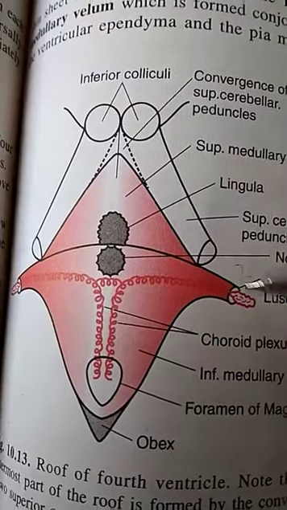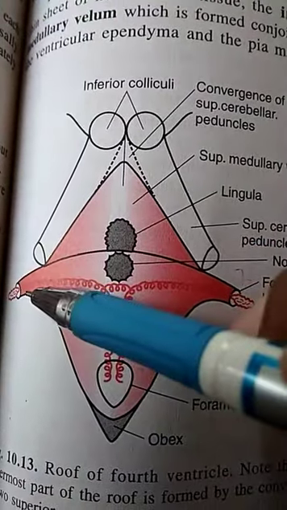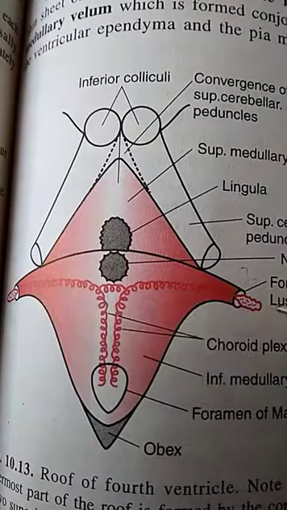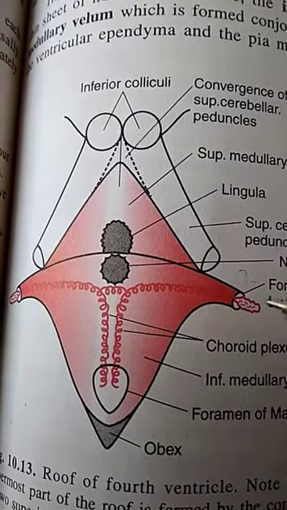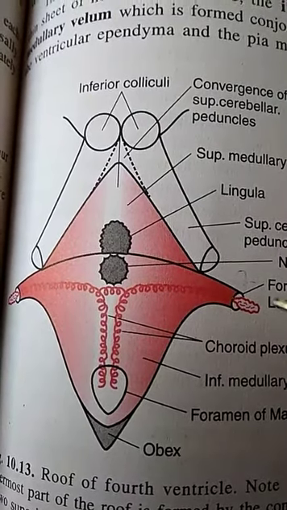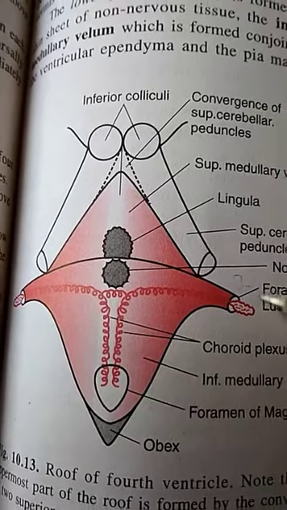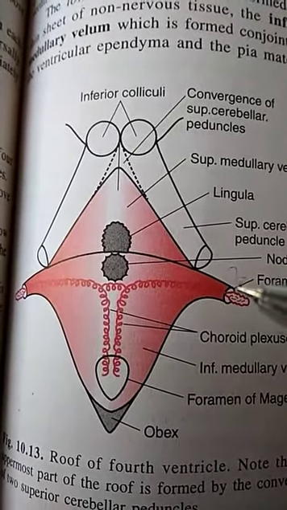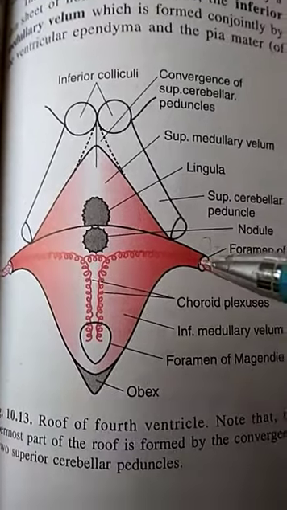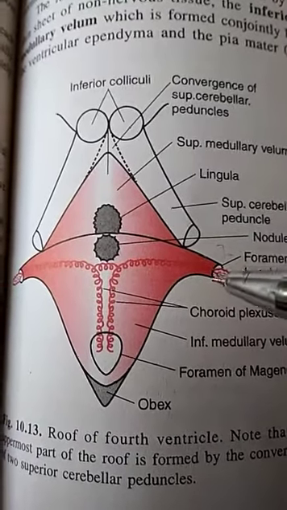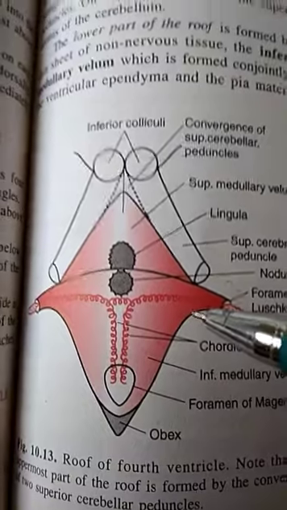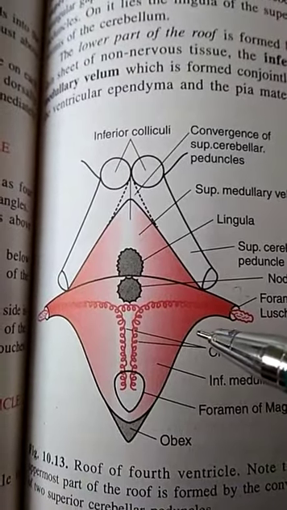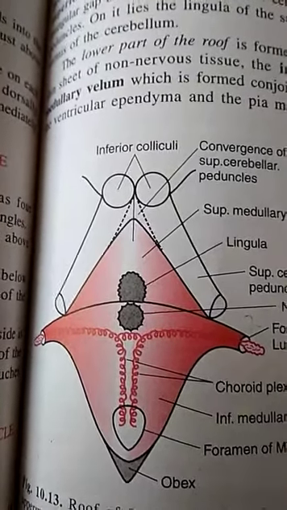The lateralmost extremity of each lateral recess opens into the subarachnoid space of the cerebellopontine angle as an aperture. That aperture is known as the foramen of Luschka, through which the choroid plexus bulges out.